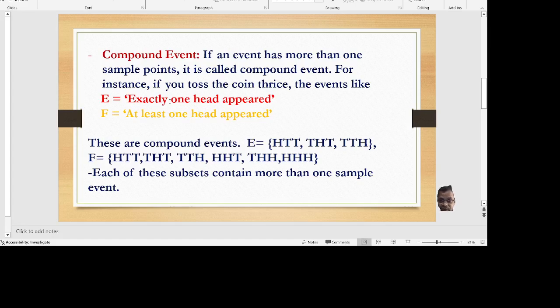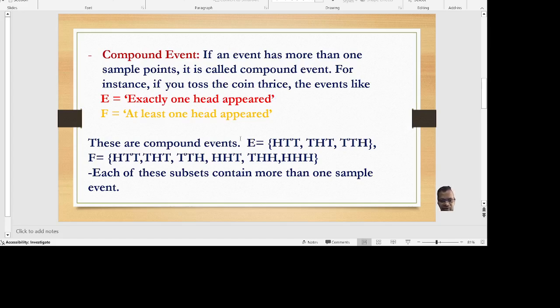Here, exactly one head, so only one head should come. We'll find where there is only one head, one H. Then in the second it is called at least one head. So it can be one head, 2 heads, or 3 heads. Approaching these kinds of questions, you have to understand the play of the words to get your answers correct.